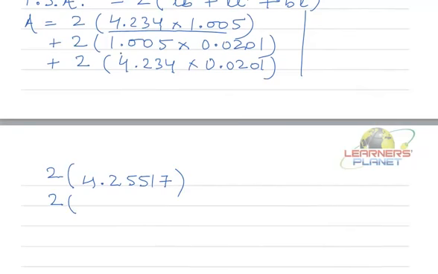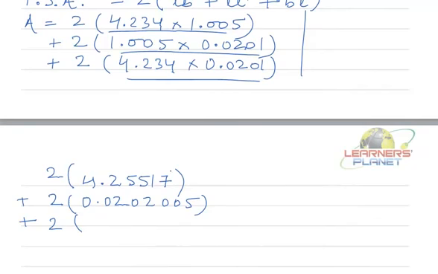Then if you take the multiplication of these two, what you are going to get is 0.0202005, and the third value, that is 4.234 into 0.0201, you will get 0.0851034.